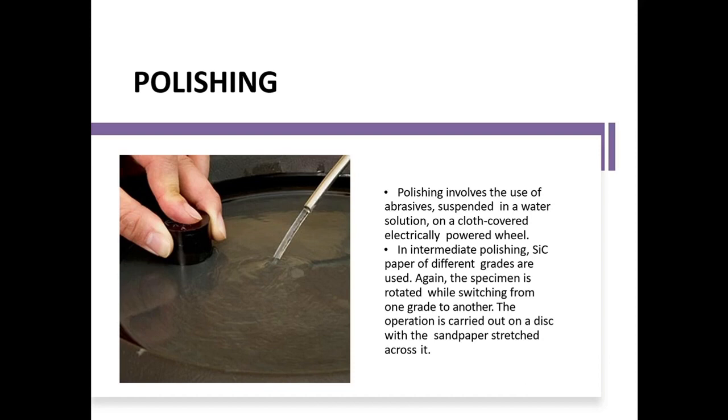Polishing is the most important step in preparing the specimen for microstructural analysis. It is the step which is required to completely eliminate previous damaged surface. Polishing removes the artifacts of grinding but very little stock.